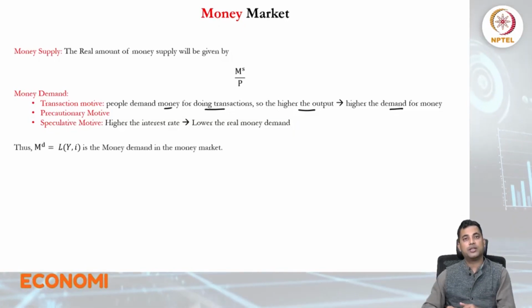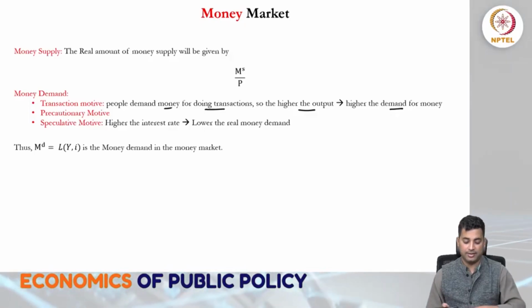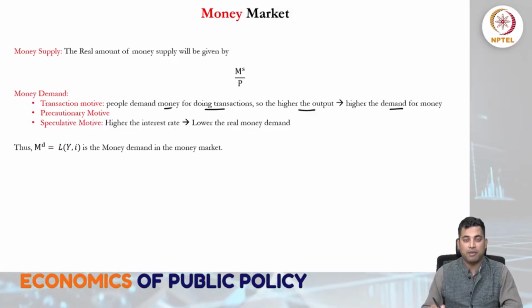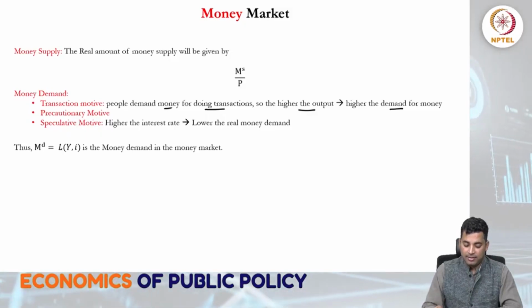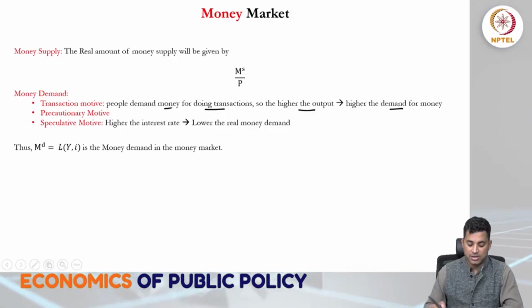So now precautionary demand for money can be, here there are two factors of course. Precautionary demand for money, one can say that this is a liquidity, like this is the main cash.